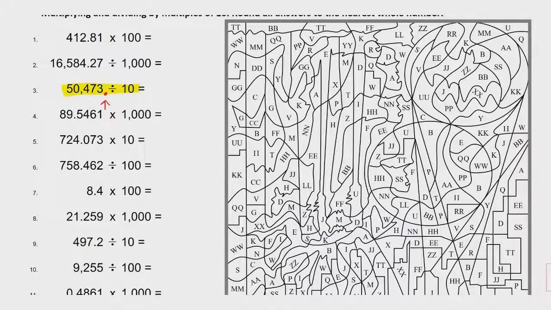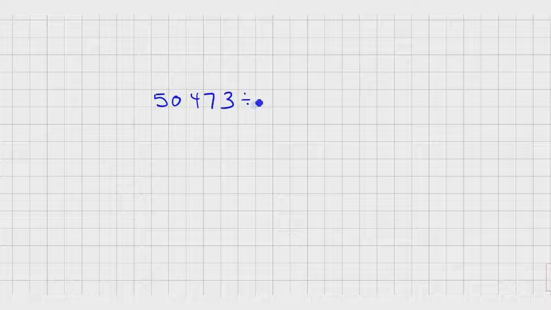Let's come over to our other piece of paper, and we have 50,473 divided by 10. And we just said the decimal is on the right, so it must be right there. And we have 1 0, which tells us to move the decimal 1 space to the left to make it smaller.